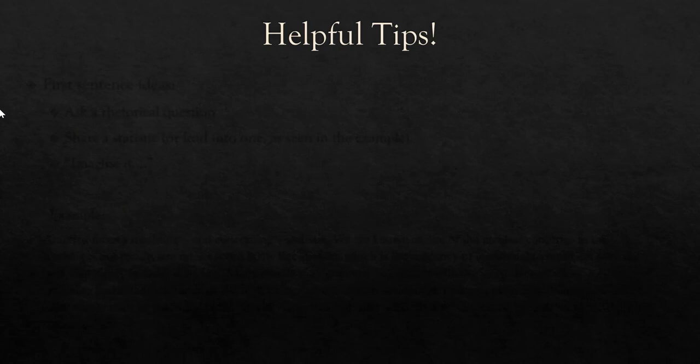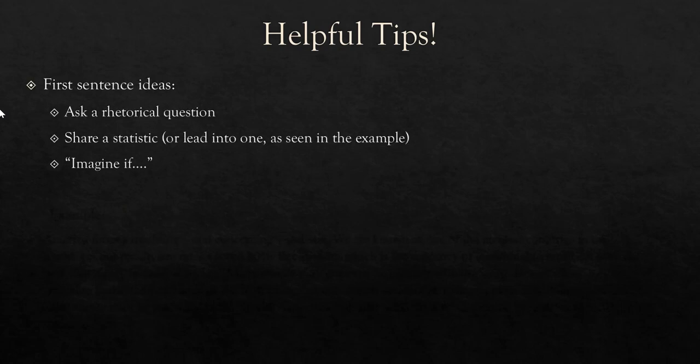So here are some helpful tips for your first sentence. You can ask a rhetorical question, which basically means that you're not asking a question that you literally expect an answer to. It's a question meant to elicit a certain response. So a good example of a question like that could be, how would you like it if you won the lottery?